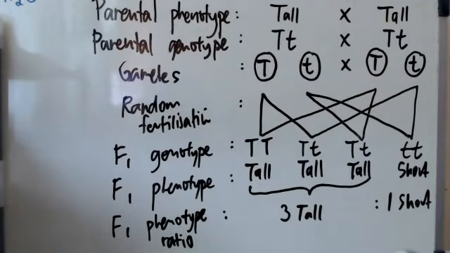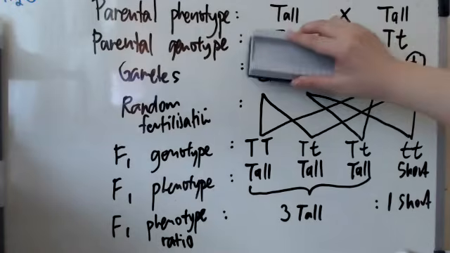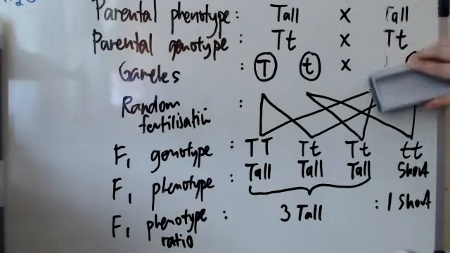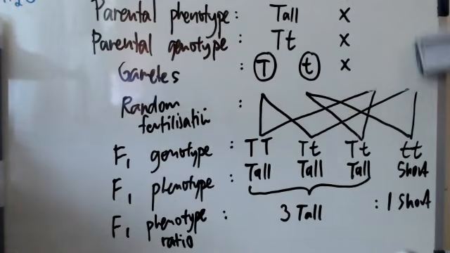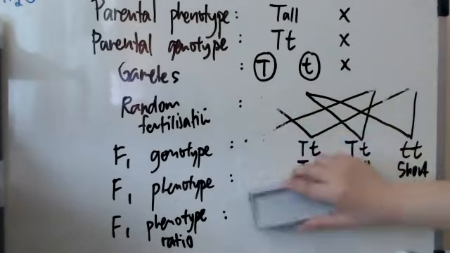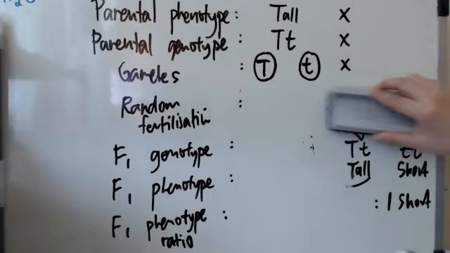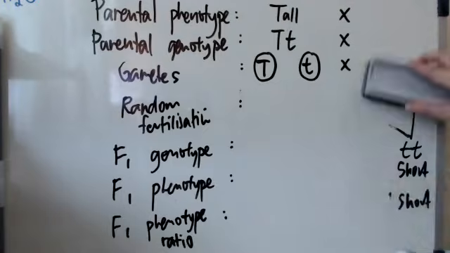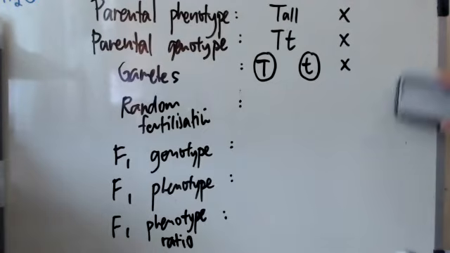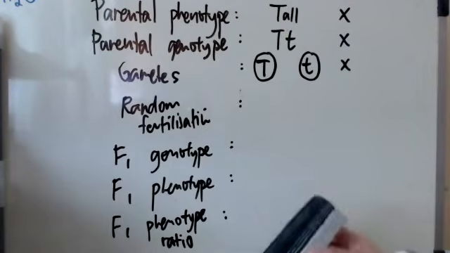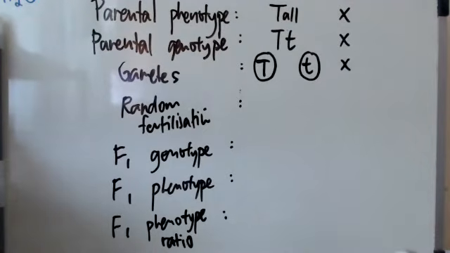Next, we will be looking at another version where a heterozygous parent crosses with a homozygous recessive parent. So let's take a look at what ratio we will obtain. Parental phenotype short crossed, so the genotype for short is small t, small t.